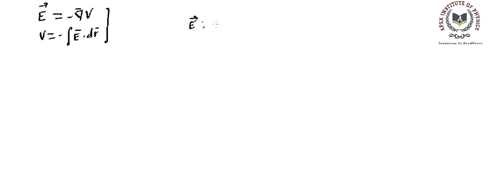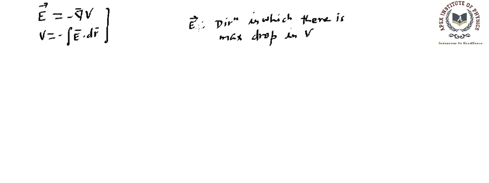since this field E came out to be minus gradient of V, and we got a relation V is equal to minus integration E dot dr, based on this we can interpret that the electric field has a direction in which there is maximum drop in potential.